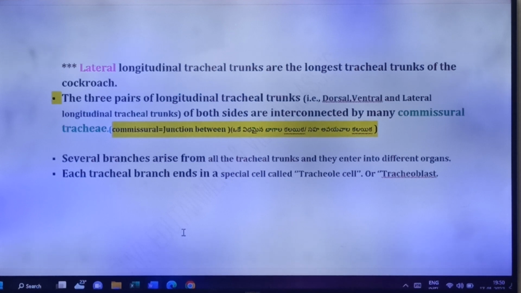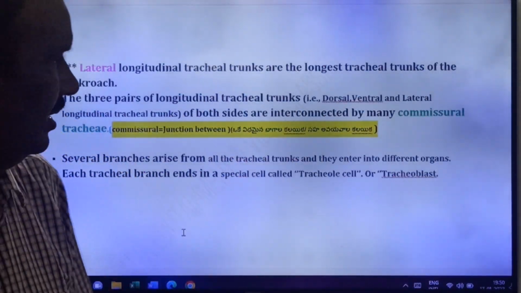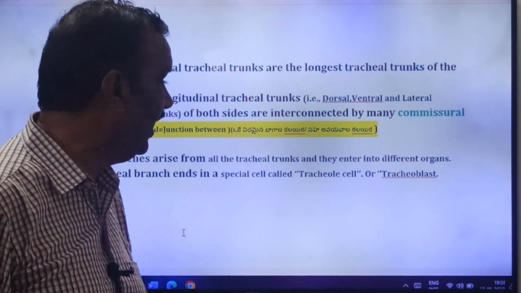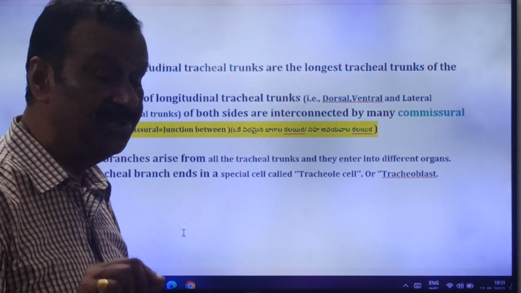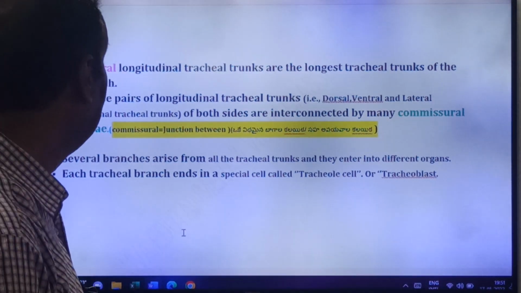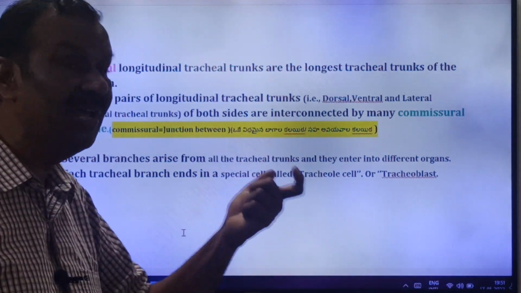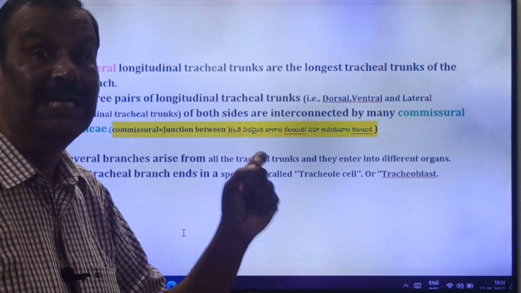Now see, friends, several branches arise from these tracheal trunks and they enter into different organs. Each tracheal branch ends in a special cell called tracheole cell. Friends, very, very important. Tracheole cell or tracheoblast. Each tracheal branch ends in a special cell called what, friends?